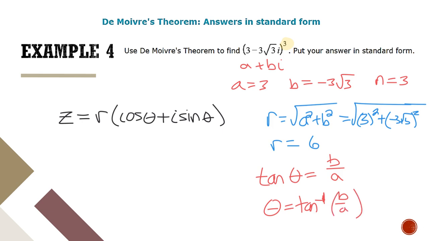If we put that in our calculator, what is theta? We have b, which is negative 3 square root of 3, over 3, which does cancel out, so theta is where tangent equals negative square root of 3.